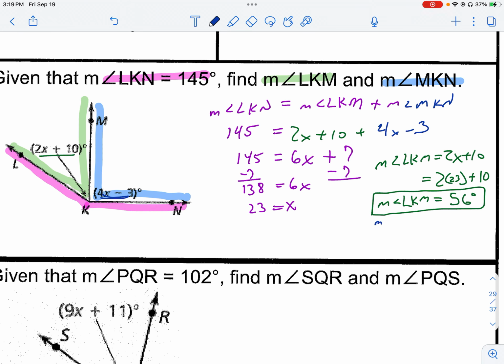Now we're going to solve for the measure of angle MKN. And the measure of angle MKN is 4x minus 3. Well, x is still 23, and 4 times 23 is 92, minus 3 means that the measure of angle MKN equals 89 degrees.